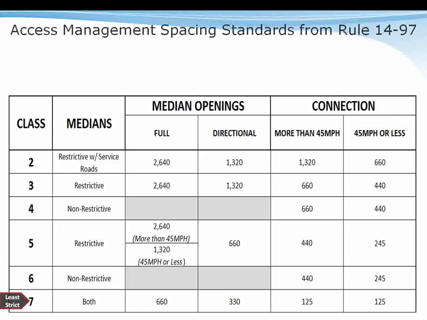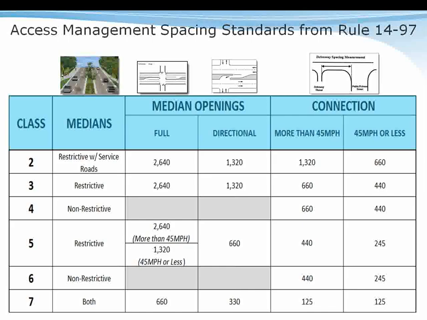So each of the access management classes found in our Rule 14-97 has certain features. It has what sort of median, and the spacing of median openings. There are 2 kinds of median openings: one where all movements are allowed, that's called the full median opening, or the directional median opening, where it's usually a left turn into property.